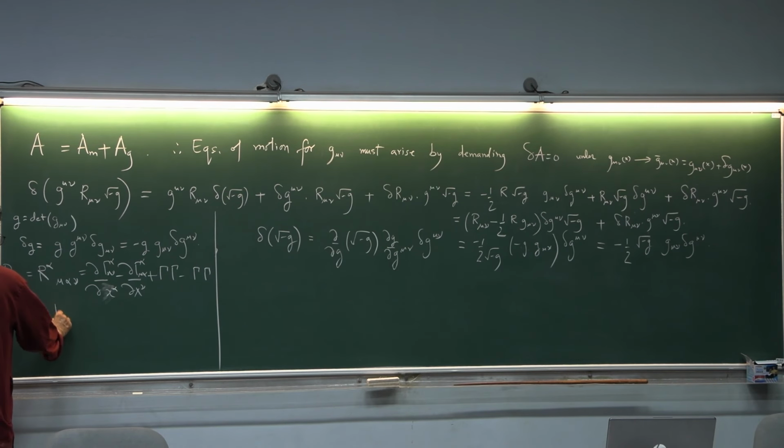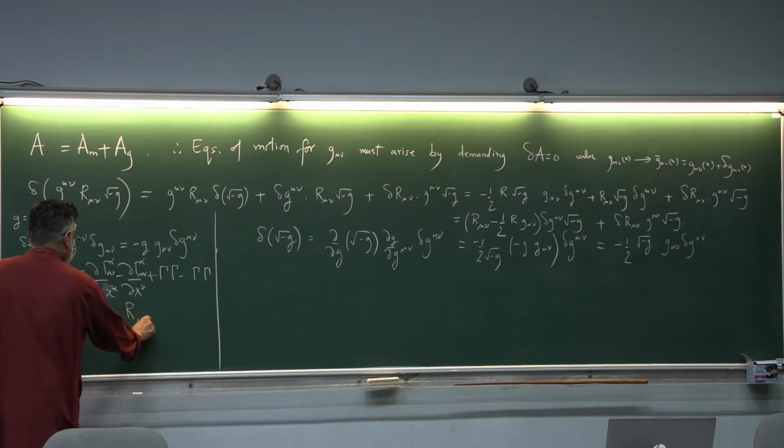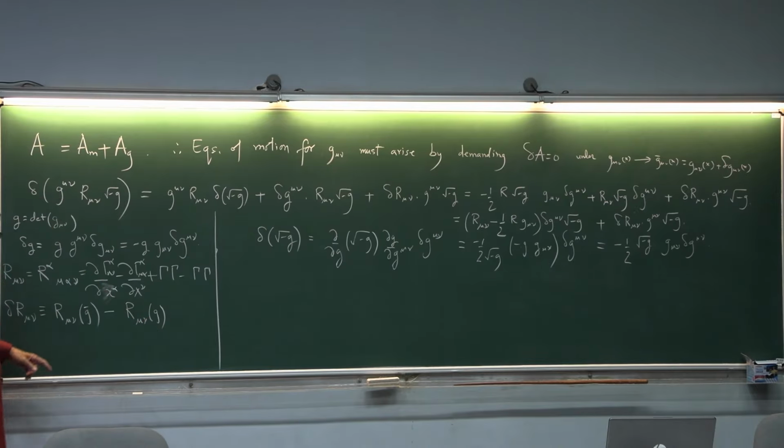By definition, this is R mu nu of G bar minus R mu nu using the metric G, and therefore there will be a term del by del x alpha of gamma bar alpha mu nu minus del by del x alpha of gamma alpha mu nu. So the variation will be in the Christoffel symbol. I hope this part is clear. So if you write down step by step, you will never make a mistake. That's the approach I take. It's a slow process, but if you go step by step logically, you will never make a mistake.